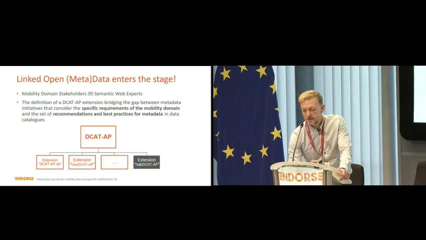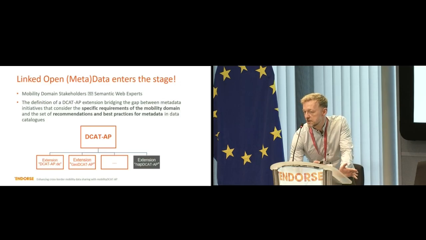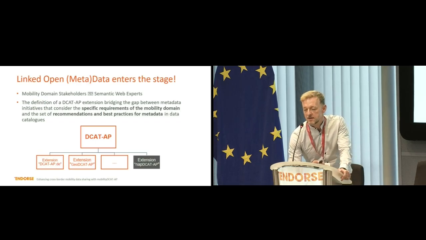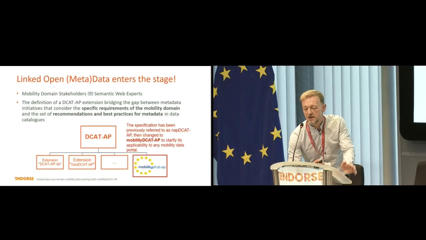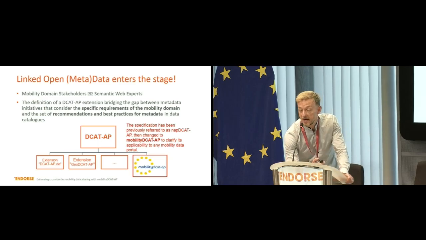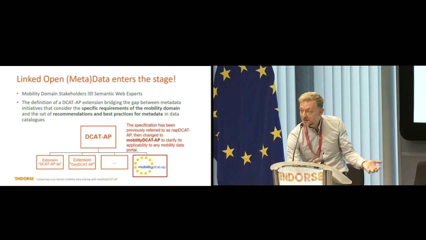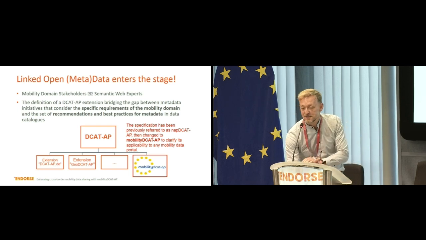We looked at how DCAT-AP works, and we were really impressed, and we were very keen to build our own extension. We found out there was nothing really useful for the mobility people, so we had to start from scratch. There was another acronym before, but now we went to mobilityDCAT-AP just to enter the family of GeoDCAT-AP, HealthDCAT-AP, and all the others that you might know.